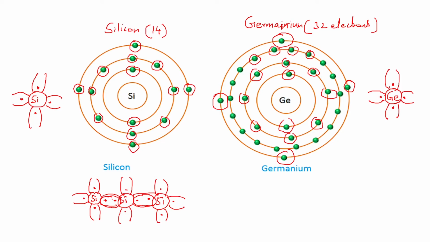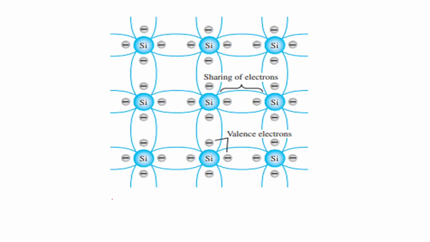First we will see what these covalent bonds are, and then we will see this structure, and how these valence electrons are going to make the covalent bonds. Here you can see an image where silicon atoms are shown, and the valence electrons are shared by every atom. This is one atom, this is the second atom, the third atom, the fourth atom.